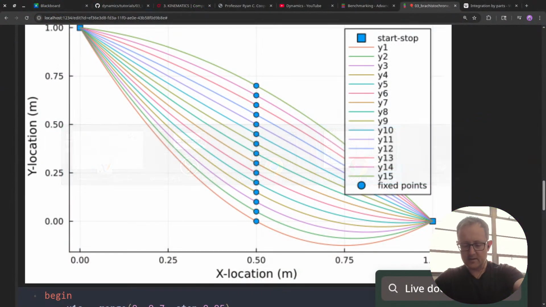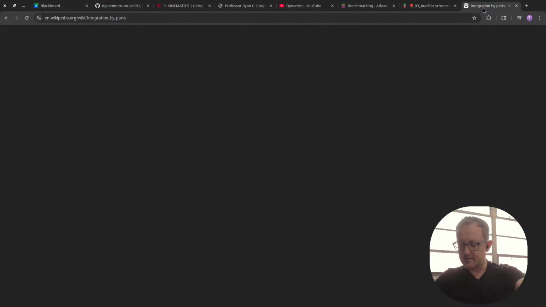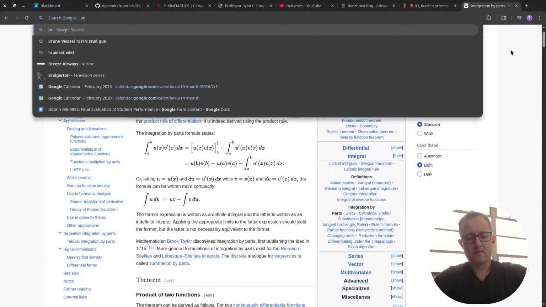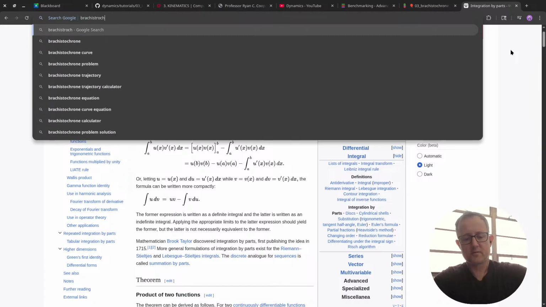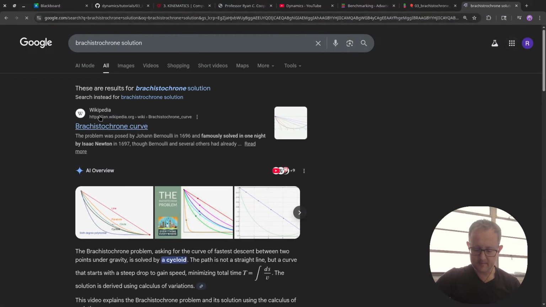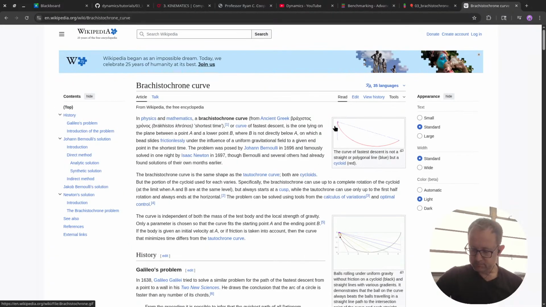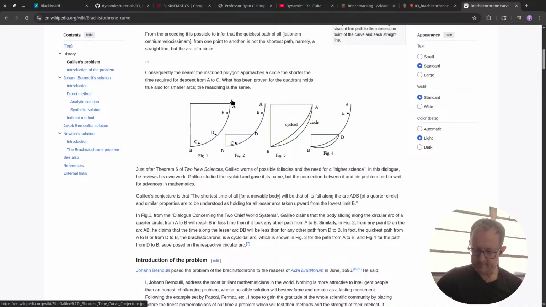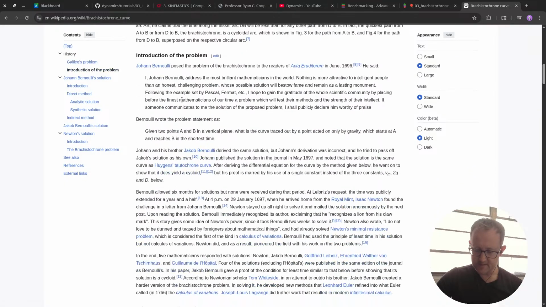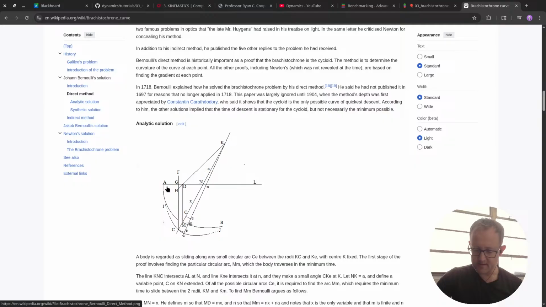But let's take a look at the Brachistochrone solution. This Brachistochrone curve is the general solution.